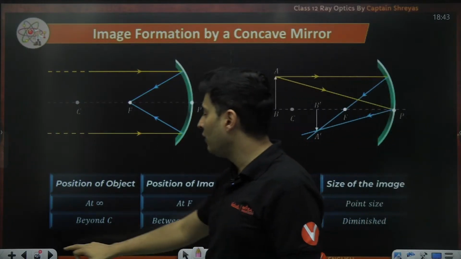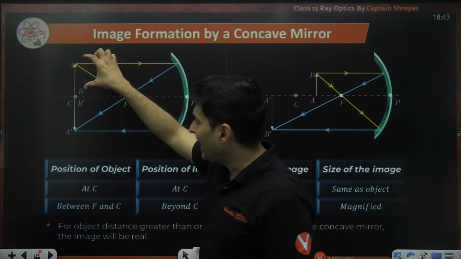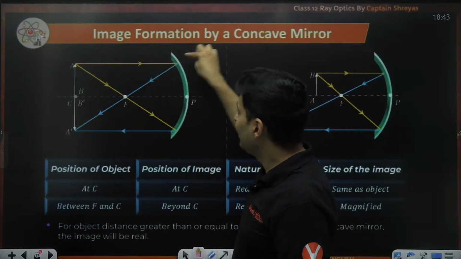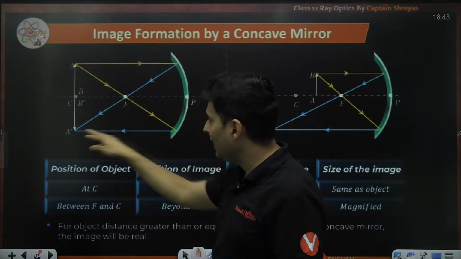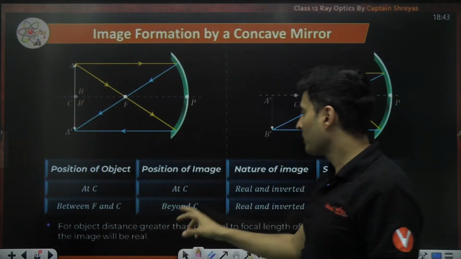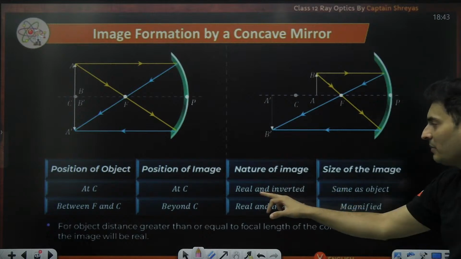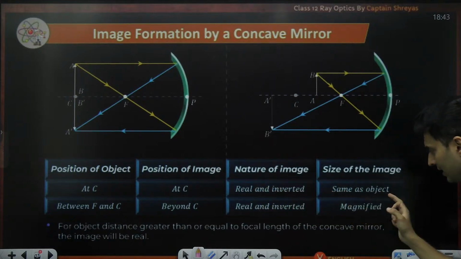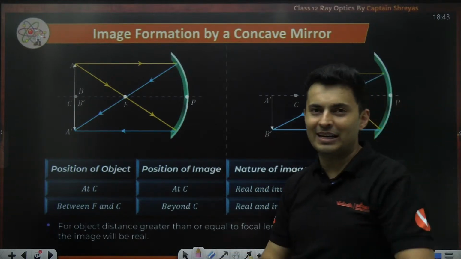This is all for a concave mirror. If you place it exactly at the center, the ray will meet again at the center. So you can see the same size, but it is inverted. So at C, the image will be inverted, real, and of the same size. It will not be magnified.